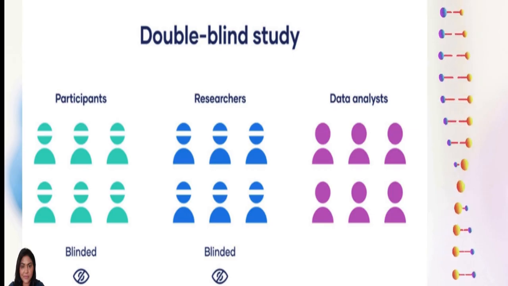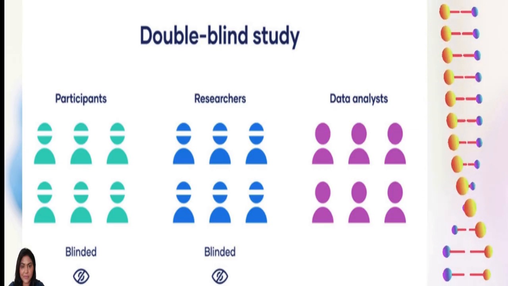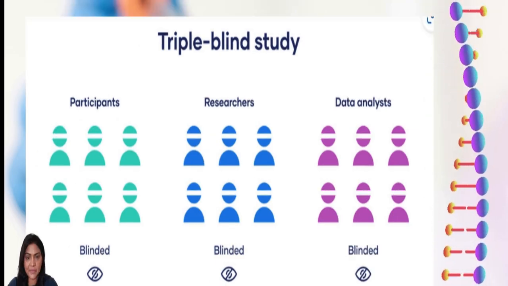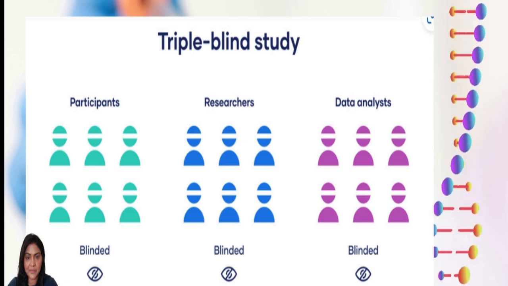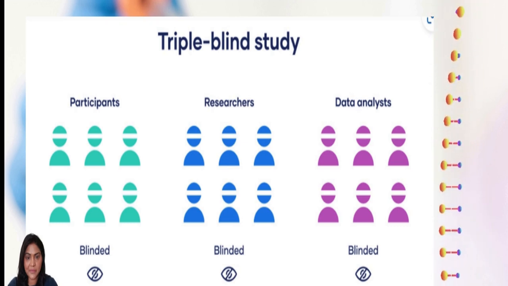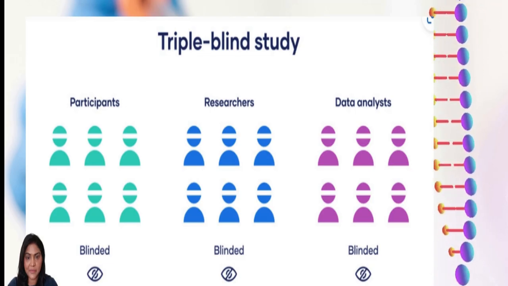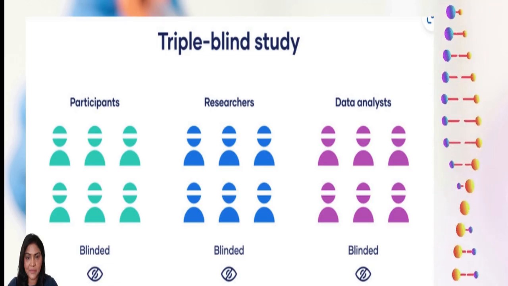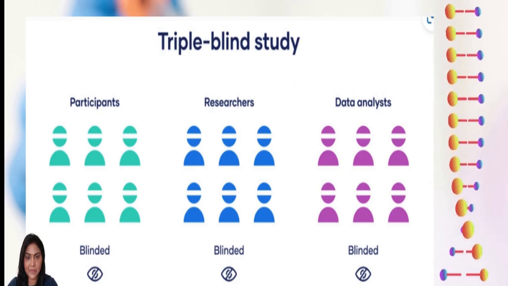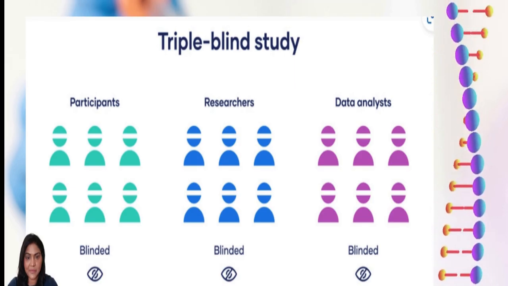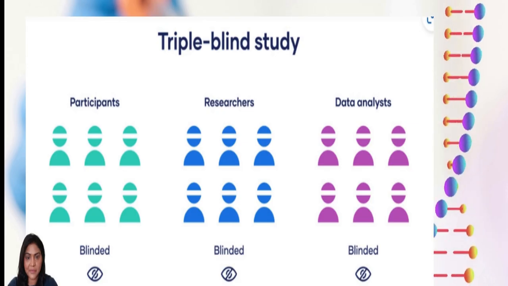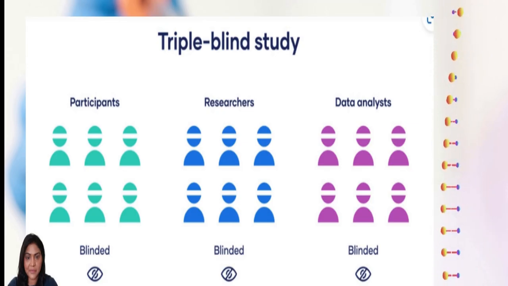Now, let's discuss triple blinding. A triple blind study occurs when group assignment is hidden not only from the participant and administrator but also from those tasked with analyzing the data after the experiment has completed. Triple blinding helps reduce analysis biases.